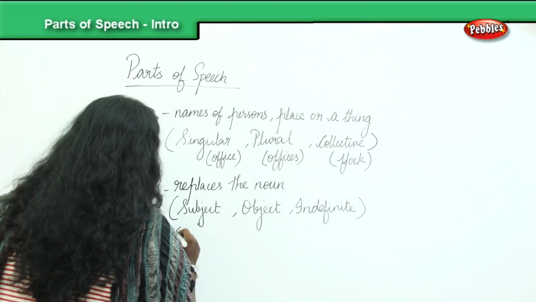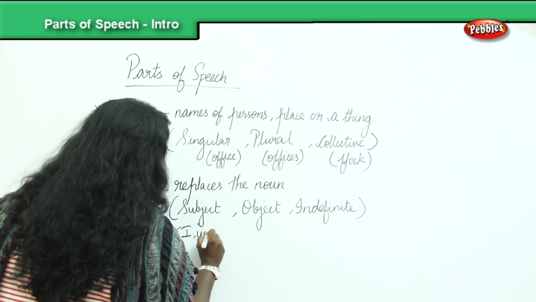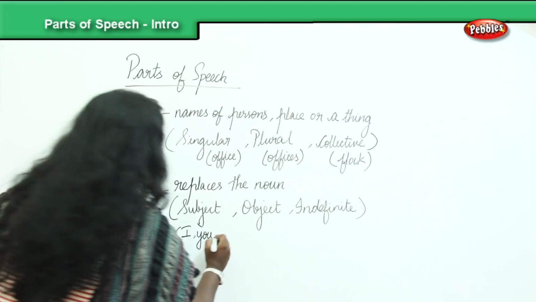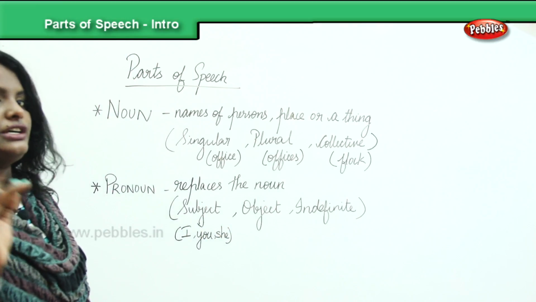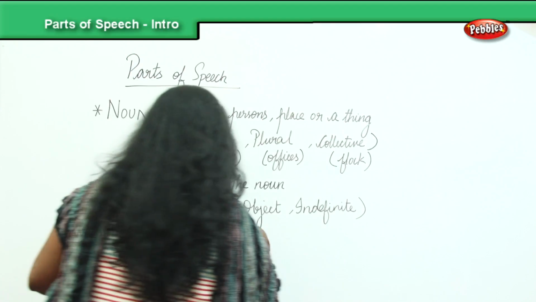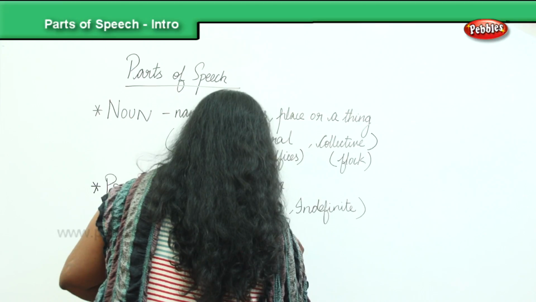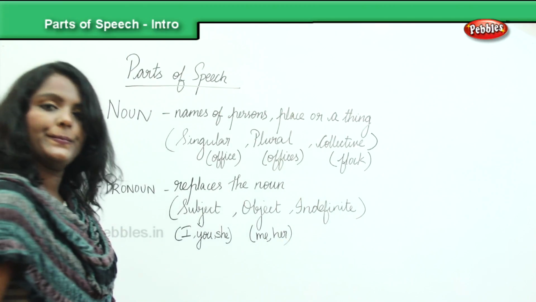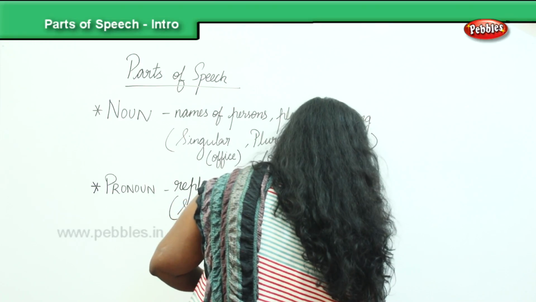Example for a subject: I, you, she, he, all these things come under the subject, and that which comes under the object is me, her, him, etc. And if it's indefinite, it is going to be it.